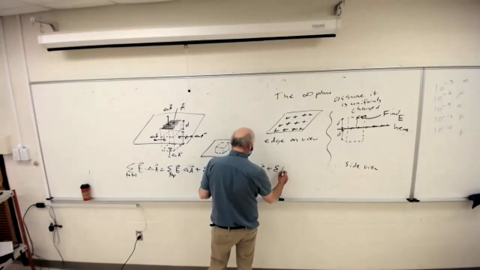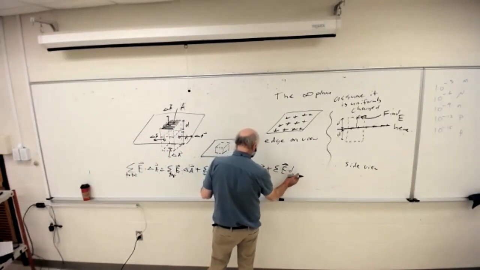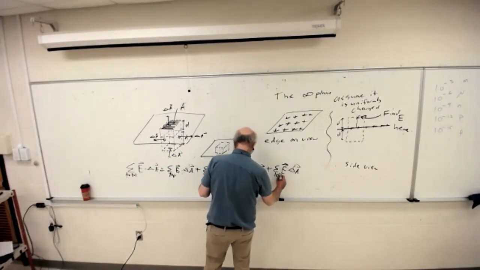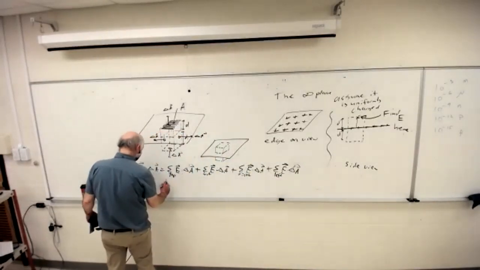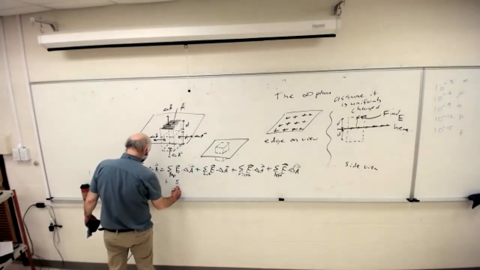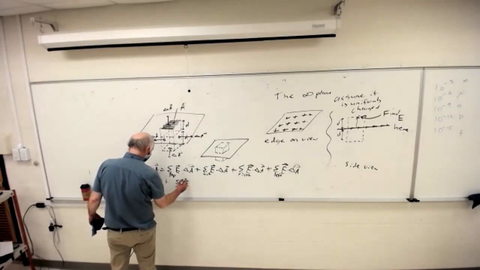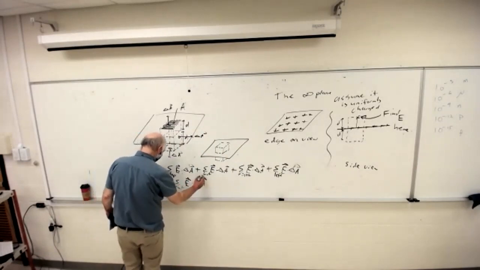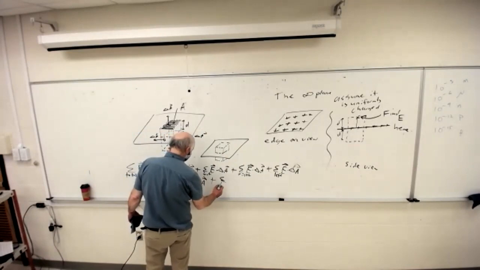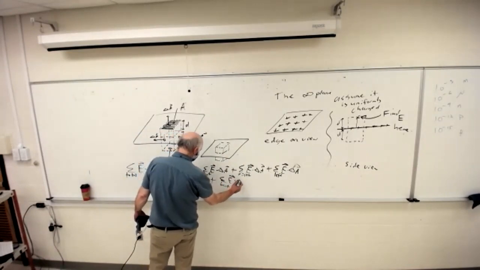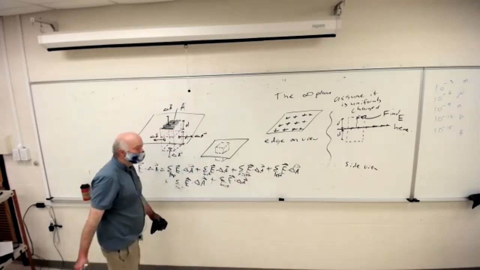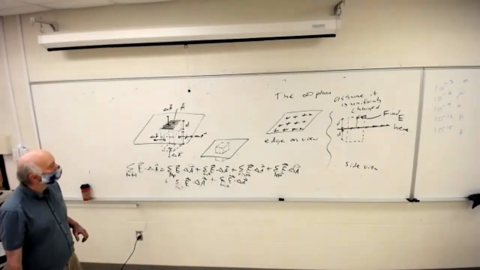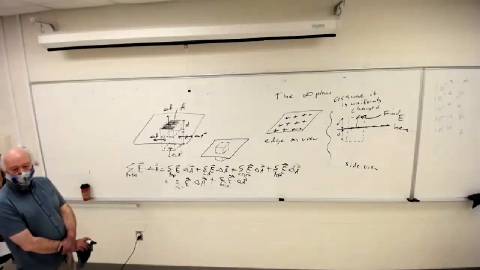This guy here on the left. There's this one here in the front. There's this one here in the back. That's 6 turns out. That makes sense?